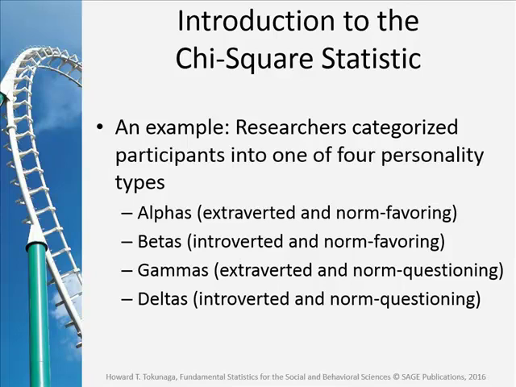Betas are introverts, but they are also norm favoring. Introverts don't really want to be around other people. A gamma is an extrovert who questions norms. It's a rule breaker. And a delta is an introvert and norm questioning. Okay, so we have these 4 personality types. Let's not look too much into them. Let's just treat them as categories.